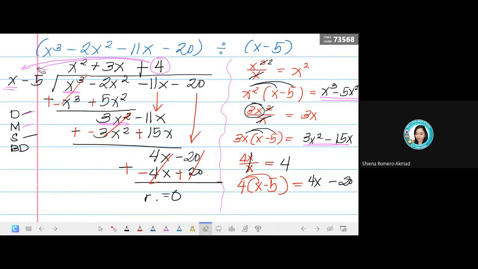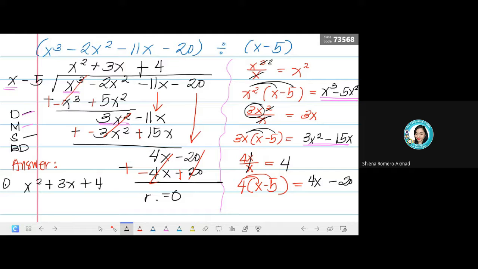Let me write the final answer. Akala ko hindi ako nakapag-record. Kinabahan ako. So our final answer here is x squared plus 3x plus 4.